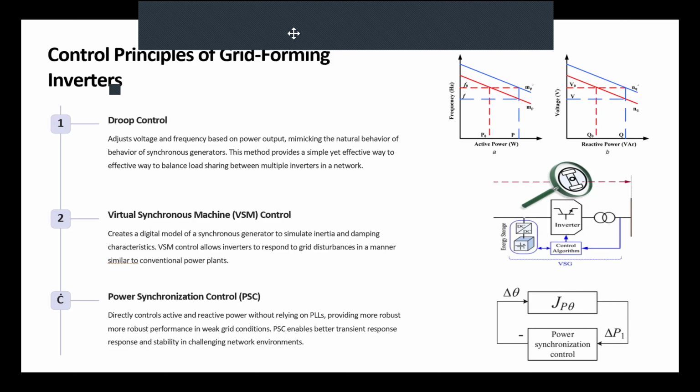So if there is an active power load demand, an increase in a load at a terminal, that increase would disturb the balance of the generation and load. That disturbance would show itself as a deviation in frequency.